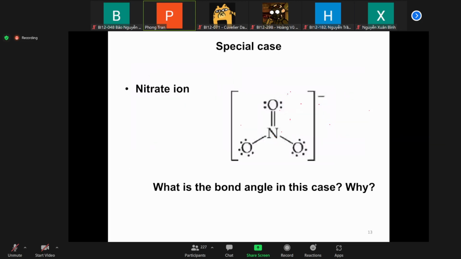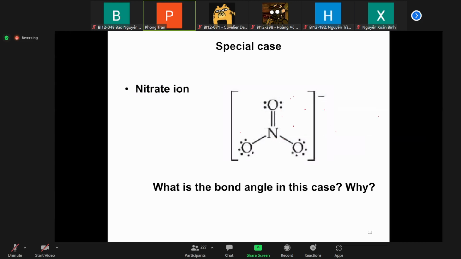Now, you have a special case. You have a nitrate ion. By looking at this Lewis structure, you understand that you have single bonds and a double bond. By remembering the rules from the previous slide, we understand that the interaction of this double bond with the single bond will be stronger than the interaction between the two single bonds.